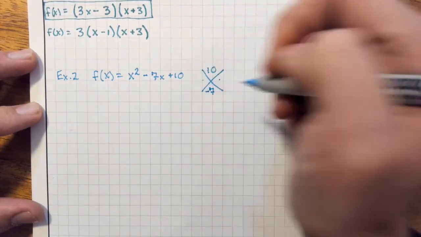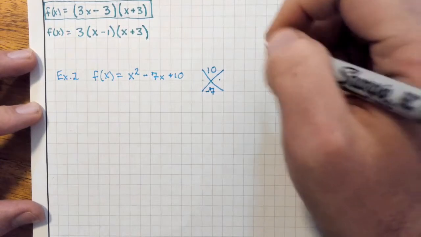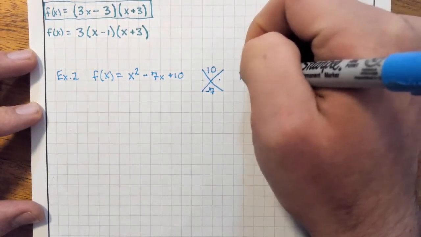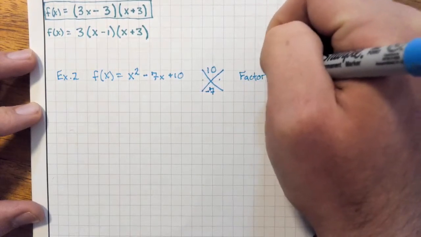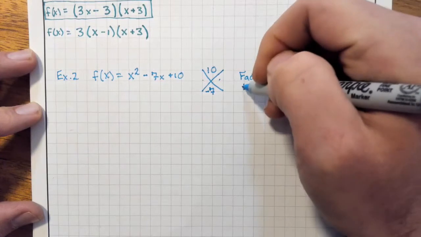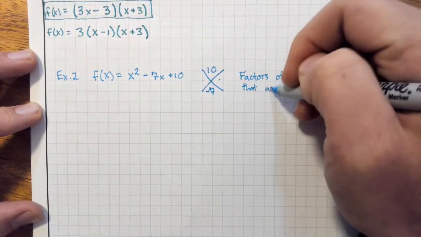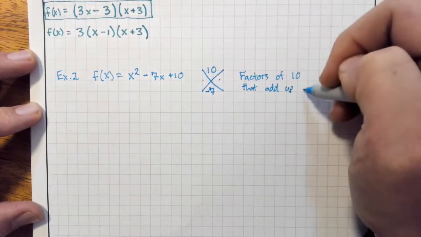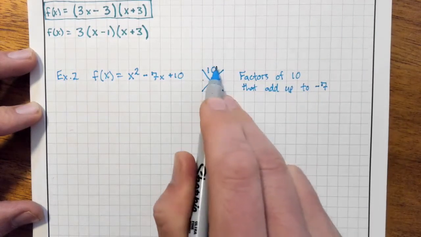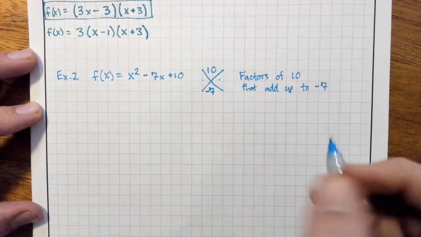And then these are the factors that I need to find. So factors of 10, maybe I'll write it out and it might help. I need factors of 10 that add up to negative 7. What can I multiply to get 10, but add up to negative 7?